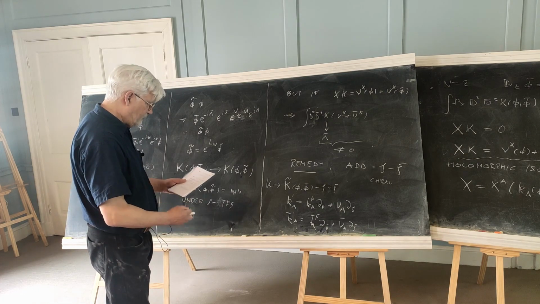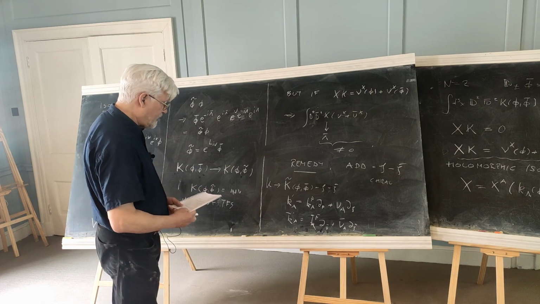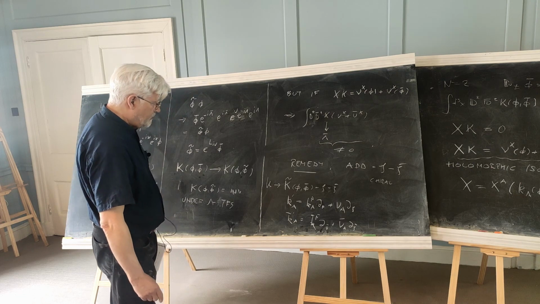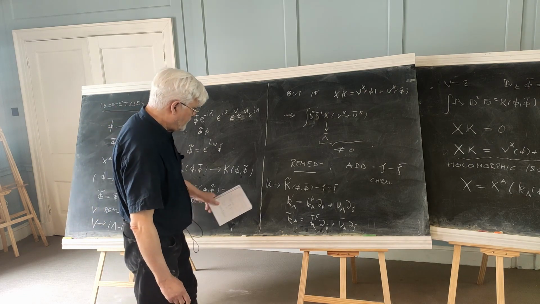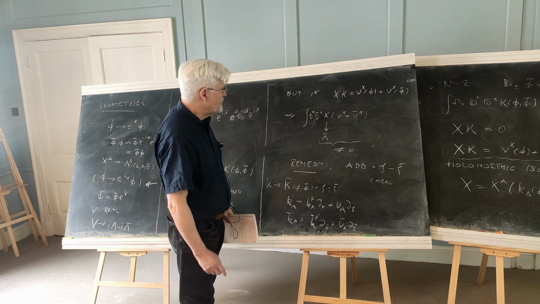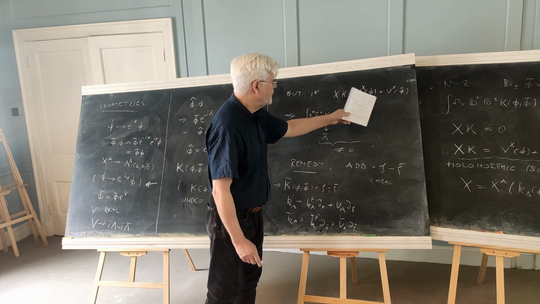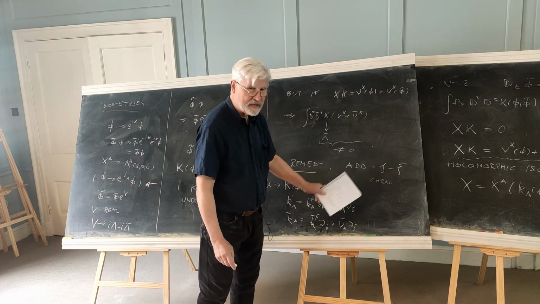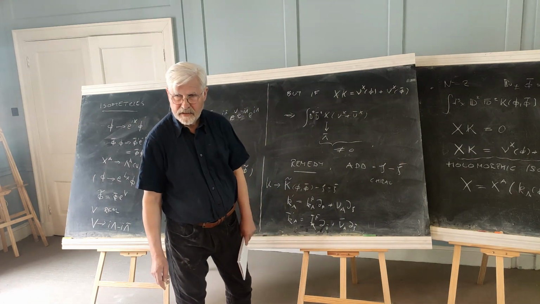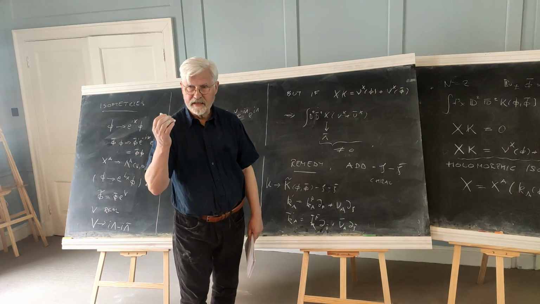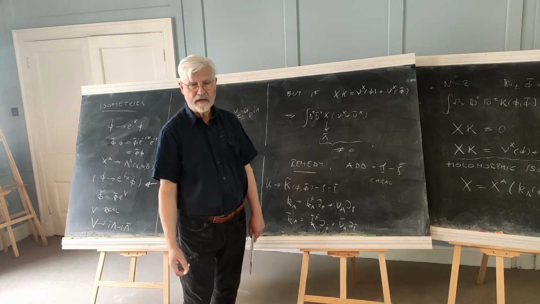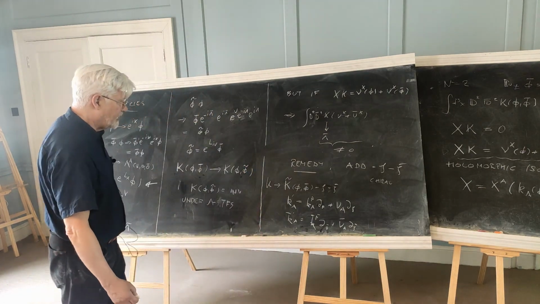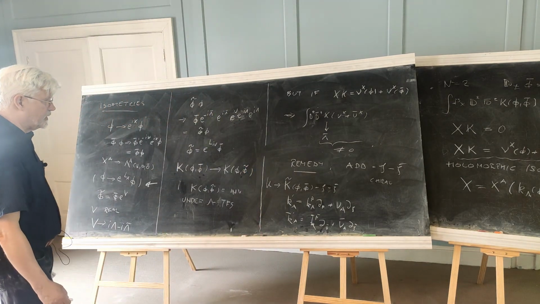So if we do that, then we'll have an invariance, because these two will generate this kind of term, but the zeta minus zeta bar will cancel that. So we'll have something which is indeed invariant under the ungauged transformation.